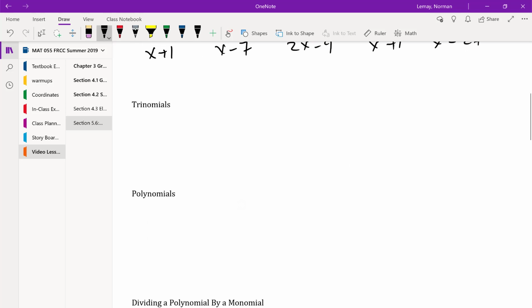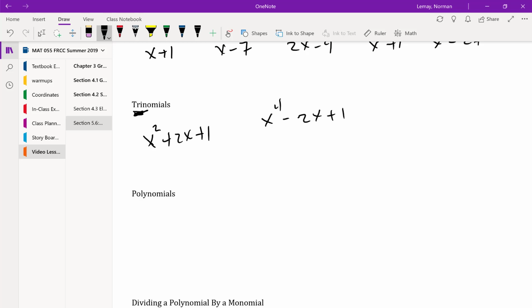Trinomials, let's see. Trinomials, does that sound familiar? How about x squared plus 2x plus 1? Notice here, trinomials. Can you see the pattern? How about x to the fourth minus 2x plus 1?